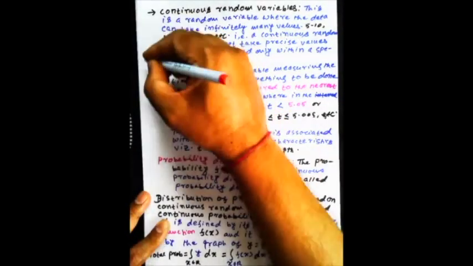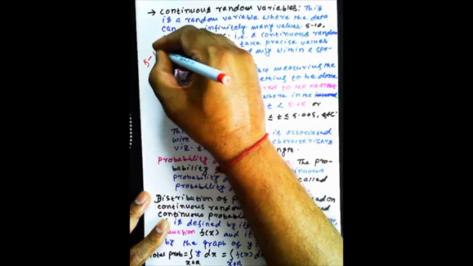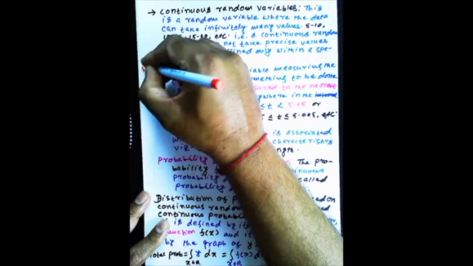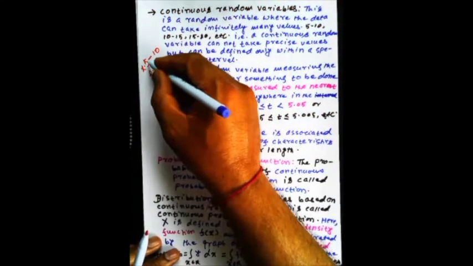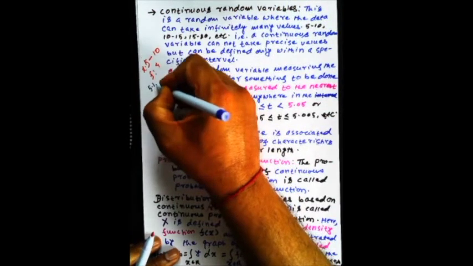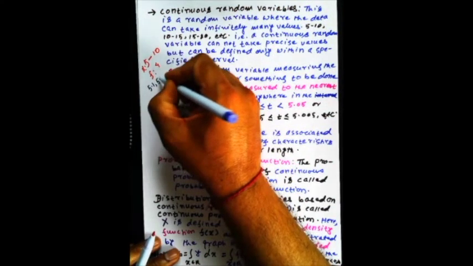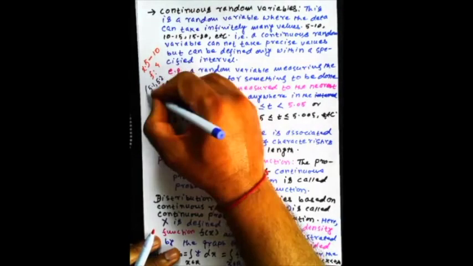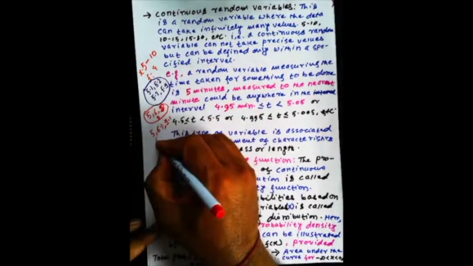For example, if I'm talking of 5 to 10, there are four values, frequency is 4, and for the x interval 5 to 10, I'm talking only about that at this time. So what will those four values be? They can be like 5.1, 5.2, 5.3, maybe 5.9 also, or other possibilities can be 9.2.